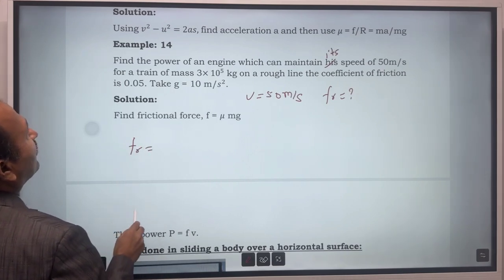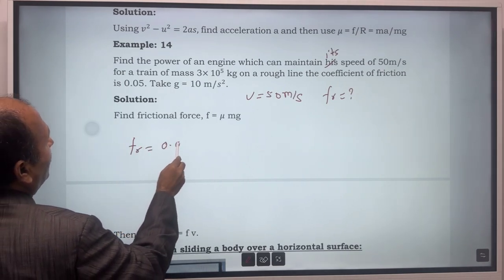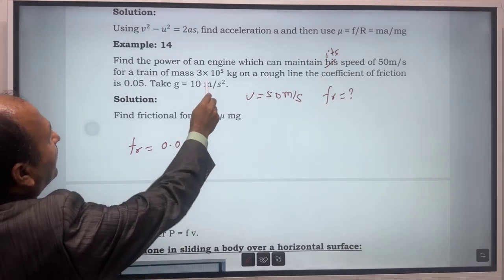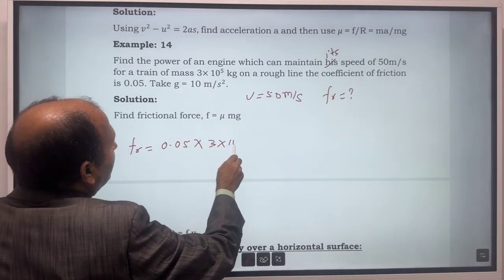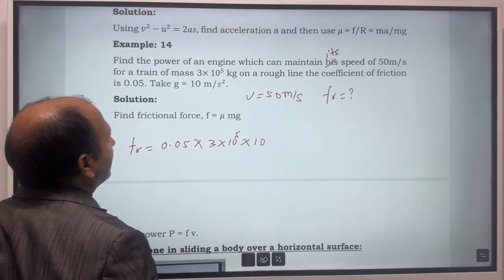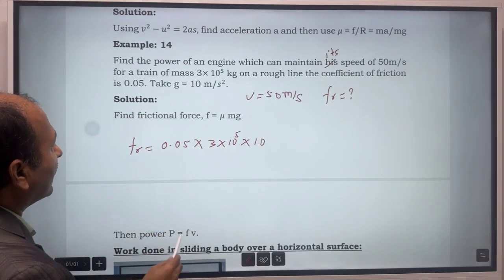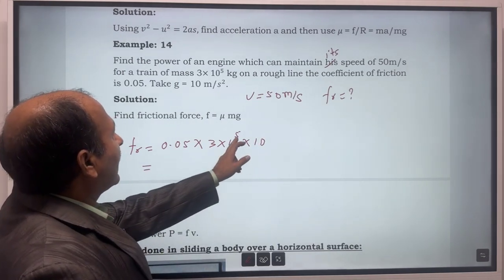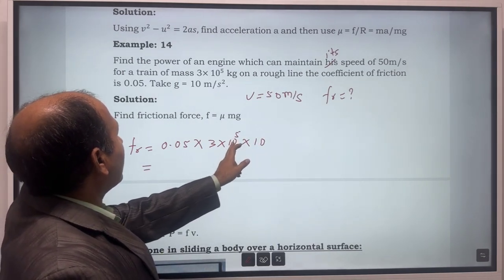So Fr equals mu, which is given as 0.05, into mass, which is 3 into 10 to the power 5, into g, which is 10. So the frictional force will be, you can cancel one 10 here and one 10 here, so 10 power 4 will be there.